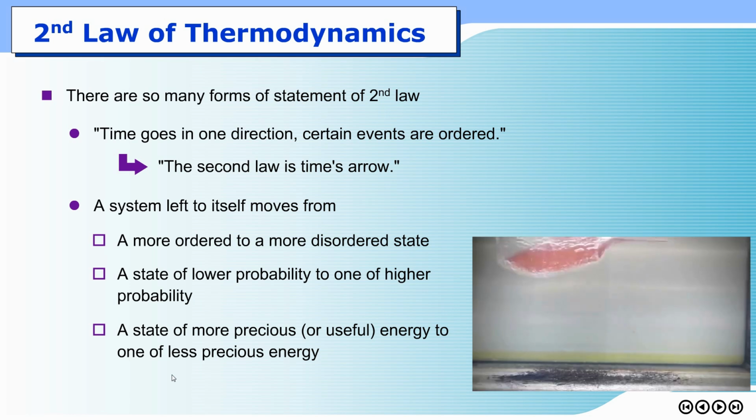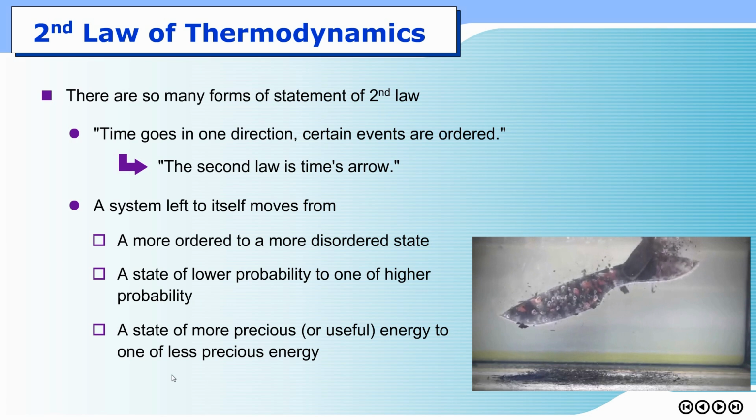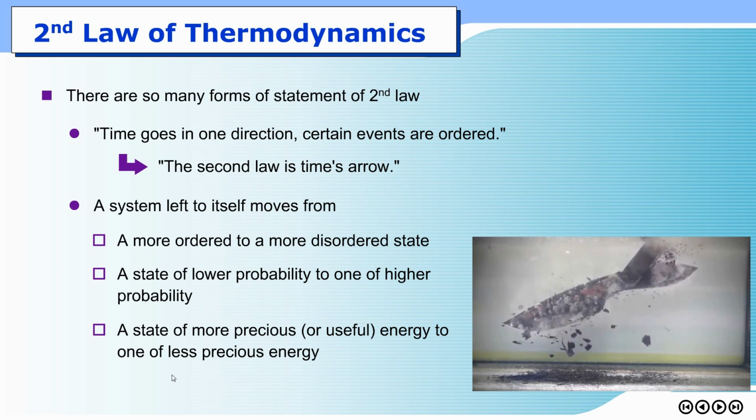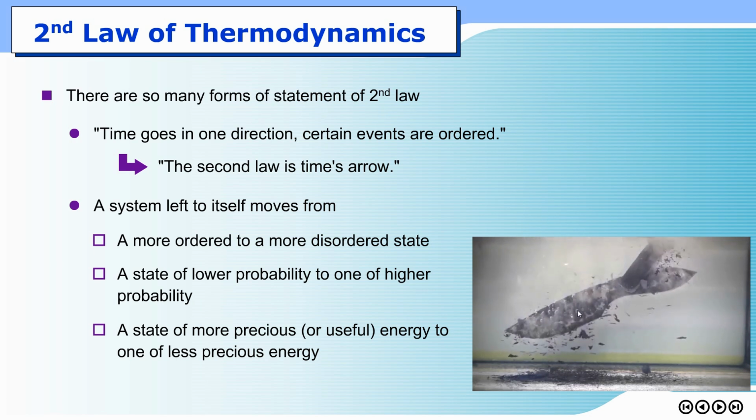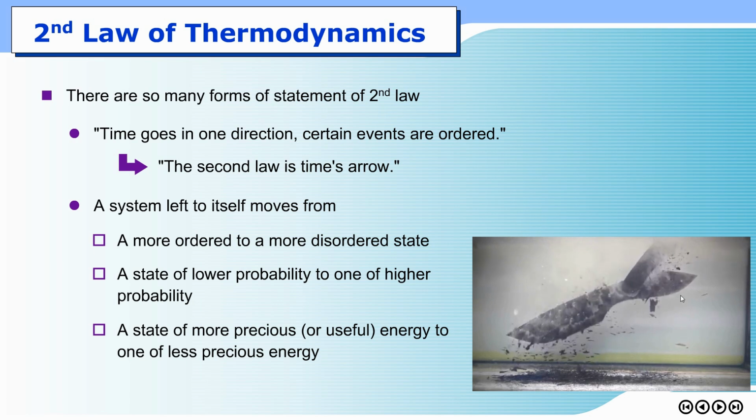But if you put that piece of red hot metal in water, like in this picture, energy within the metal would dissipate into water, okay? Now, the dissipated state like this has less energy, not less energy, less precious energy. The total energy remains the same according to the first law, but now energy is dissipated within the system.